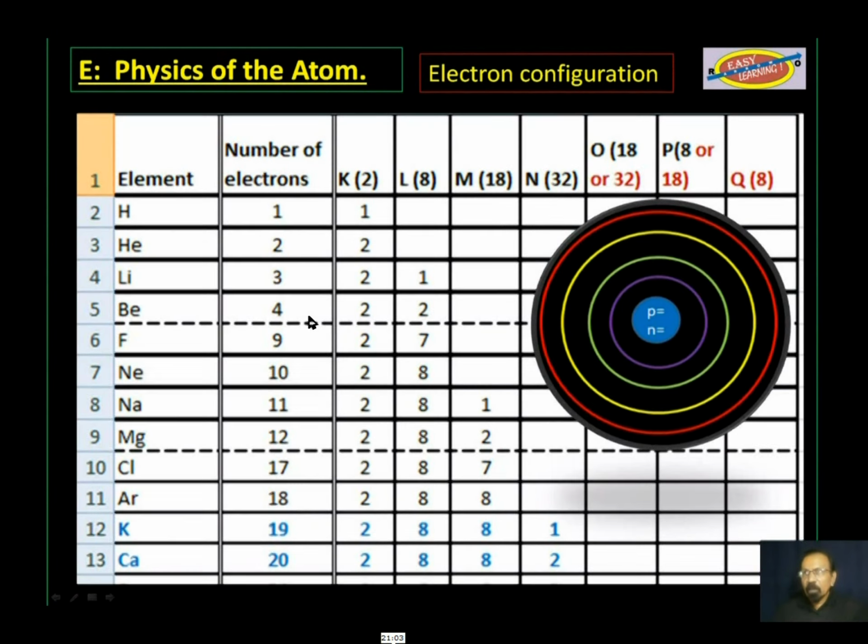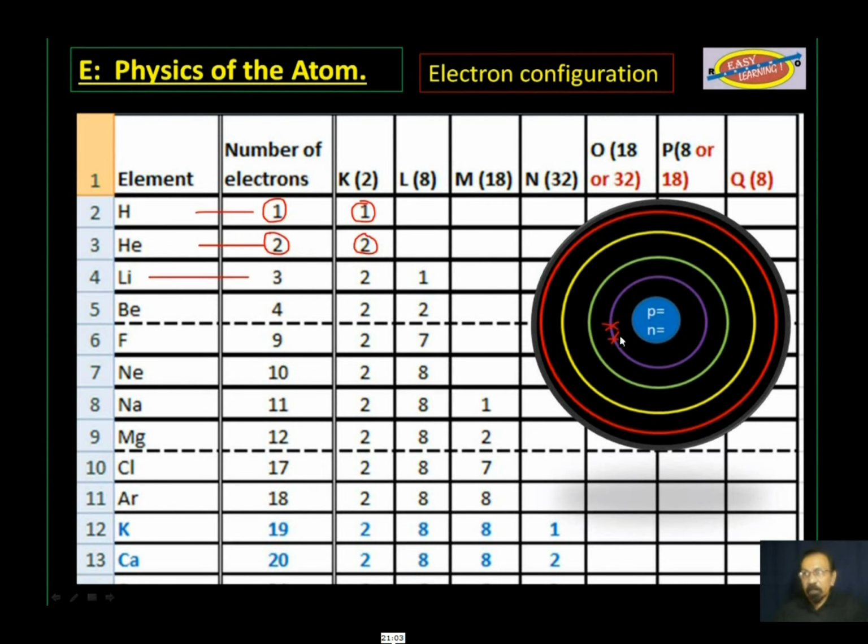So as we said, in the case of hydrogen, with 1 electron, that 1 electron will be in the K shell, which is here. If we come to helium, 2 electrons, the 2 electrons will also fit in the K shell, like that.